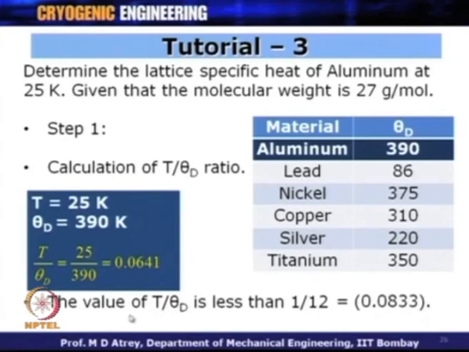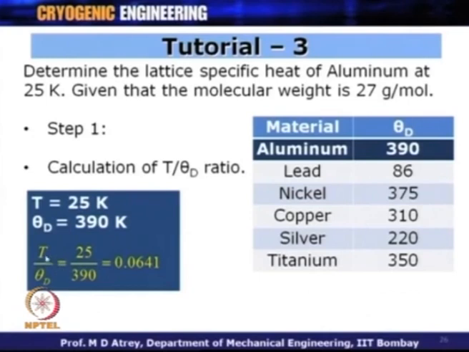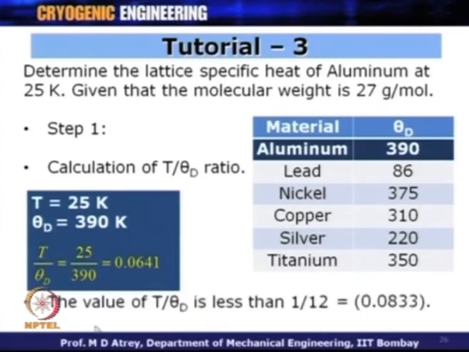Now, this T by theta d is less than 1 by 12, which is 0.0833. So, this 0.0641 is less than 1 by 12.